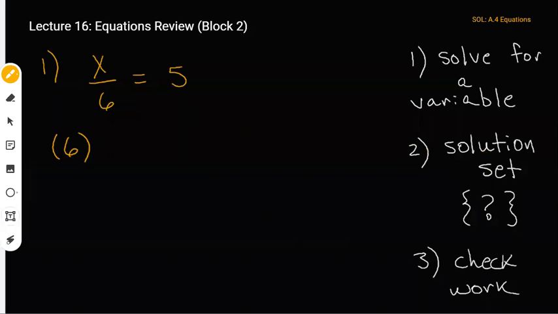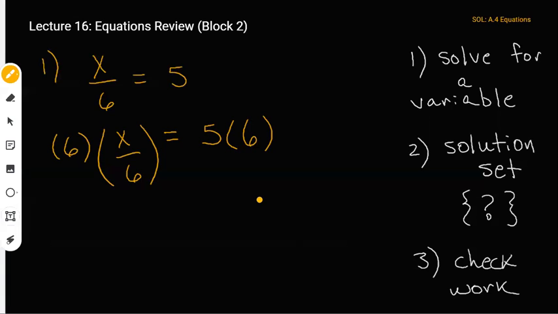So I'm going to have a 6 in parentheses right here. Over here, I'm going to have x divided by 6 in parentheses. And then over here, I'm going to have that 5, but I also have to multiply that by 6. So on both sides, I'm multiplying by 6. So I can get rid of the 6 in the denominator.